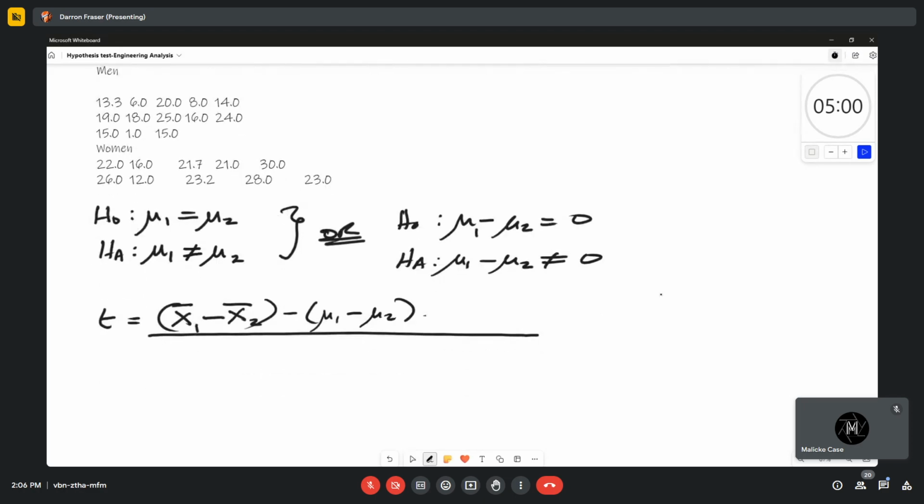Remember the first one is x bar minus mu, but we're talking about the two now. So we have to use x1 minus mu 1, x2 minus mu 2. So we have this situation here.